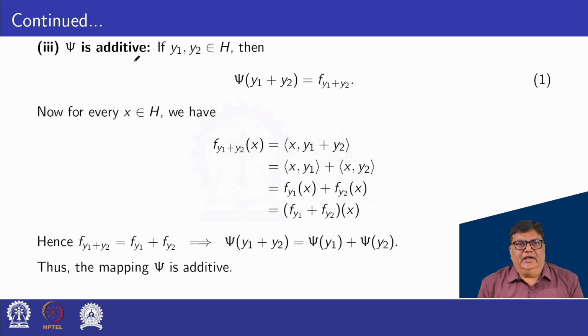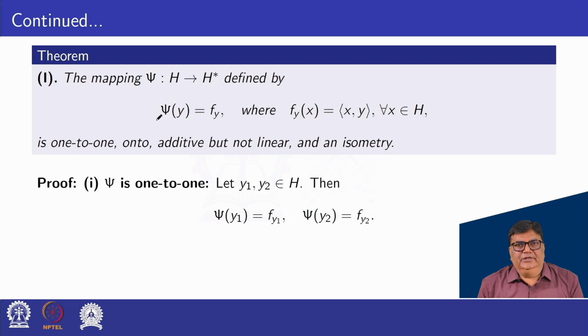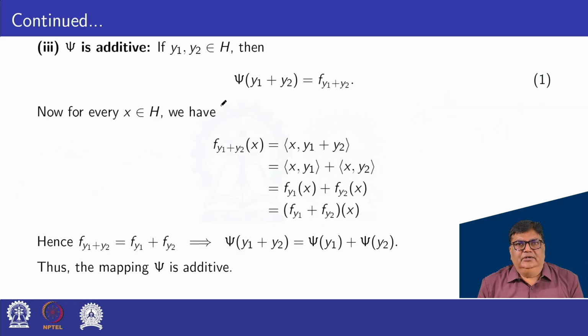Third, psi is additive. If y1, y2 belonging to H, then psi of y1 plus y2. As per the definition of psi y, we can write psi of y1 plus y2 is equal to F of y1 plus y2.